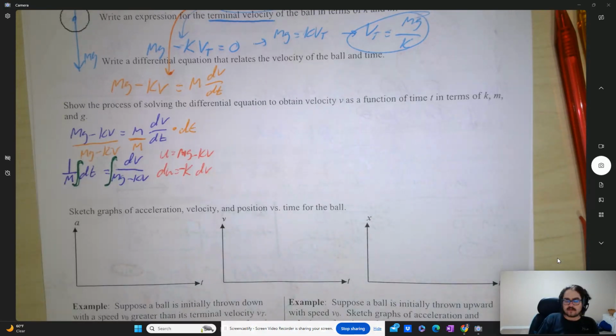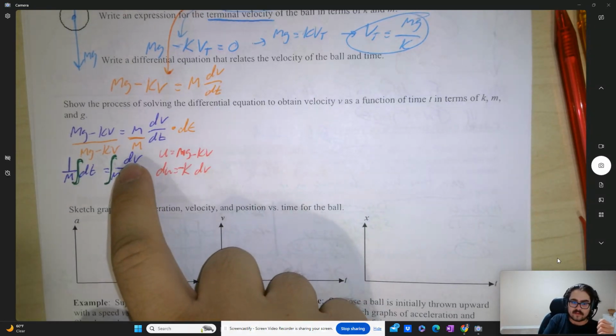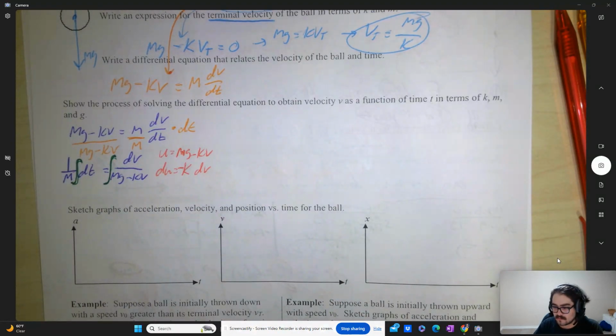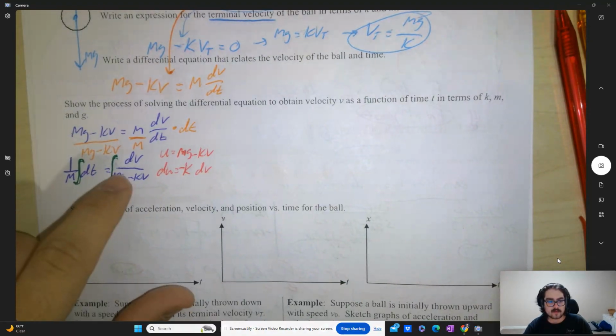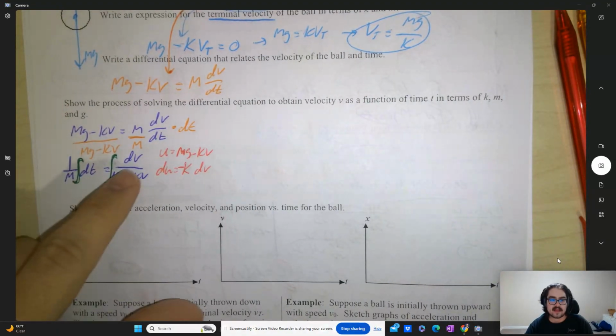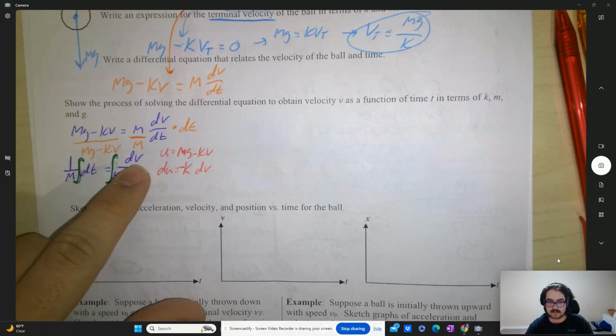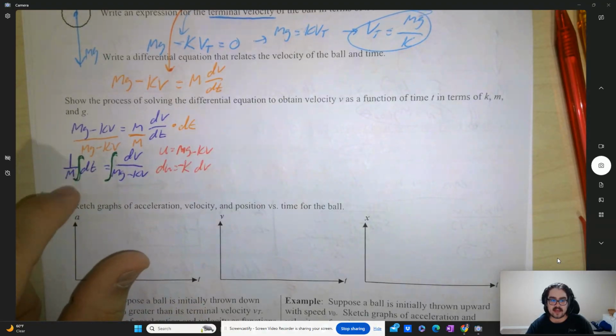You could multiply both sides by 1, doing the trick I did last time. I think it's actually easier straight up to just say, well, I need a negative k in the numerator here. So what I'm going to do is multiply both sides by negative k, and that's perfectly fine. If I multiply both sides by negative k, then I end up with negative k dv on the top here, and negative k over m here.